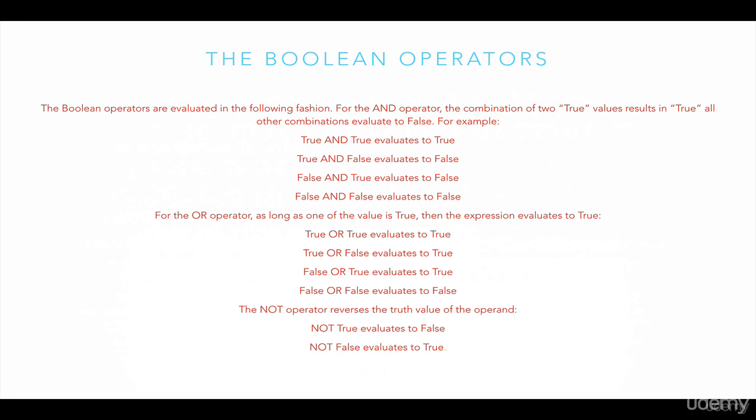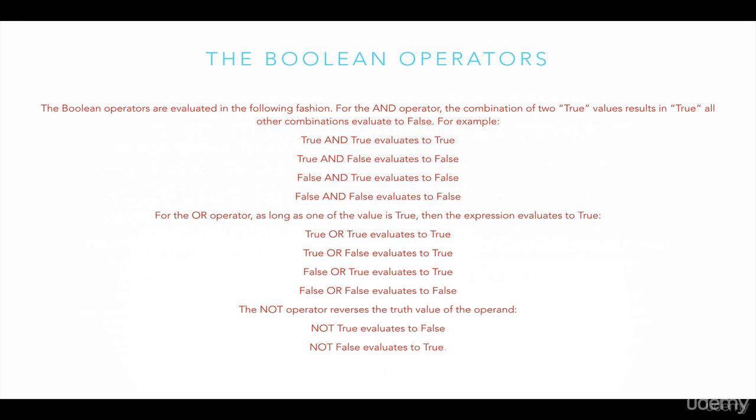And let's see some examples of the OR operator. For the OR operator, as long as one of the values is true, this is very important, as long as one of the values is true, then the expression evaluates to true. The entire statement evaluates to true, okay? True or true evaluates to true. True or false evaluates to true.